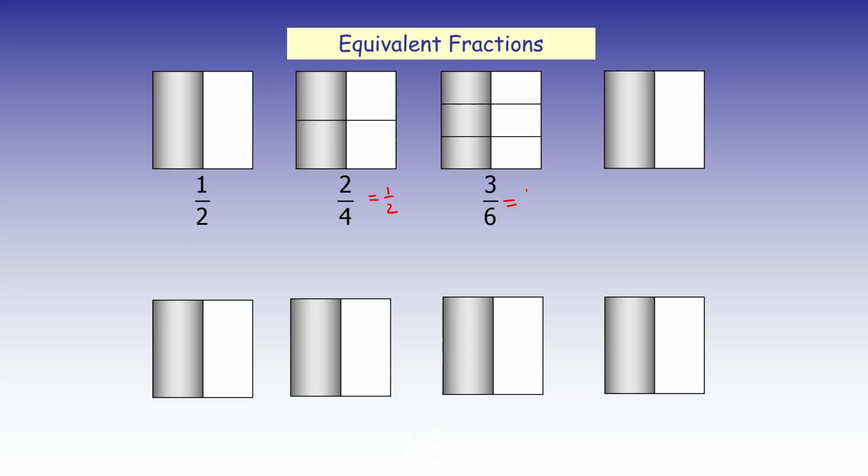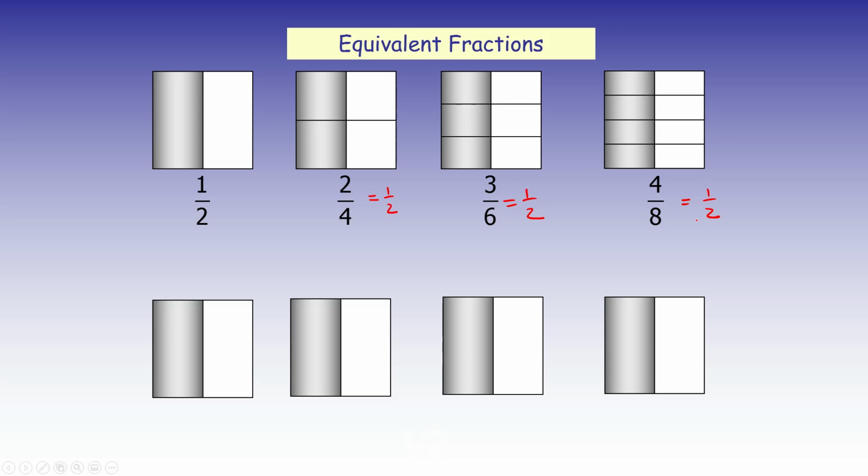And here that's equal to a half as well. Let's divide this shape into sections and have a look then. We now have 1, 2, 3, 4, 5, 6, 7, 8 sections. 4 of them are shaded. So 4 out of 8 are shaded. But you can see it's half of the shape is shaded, so that's 4 out of 8 is also equal to a half.